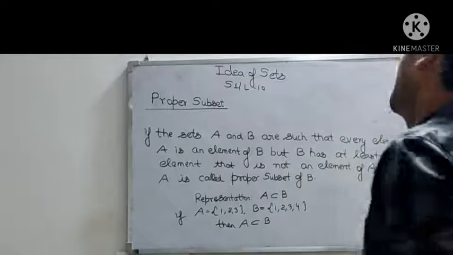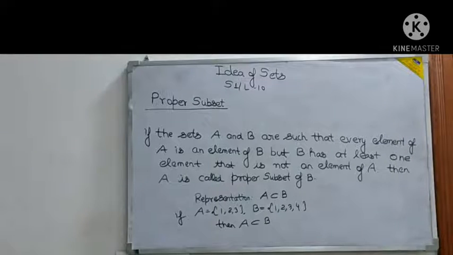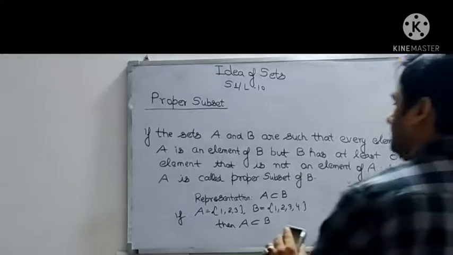So this was the representation for a proper subset, and now the question I mentioned, number of proper subsets.